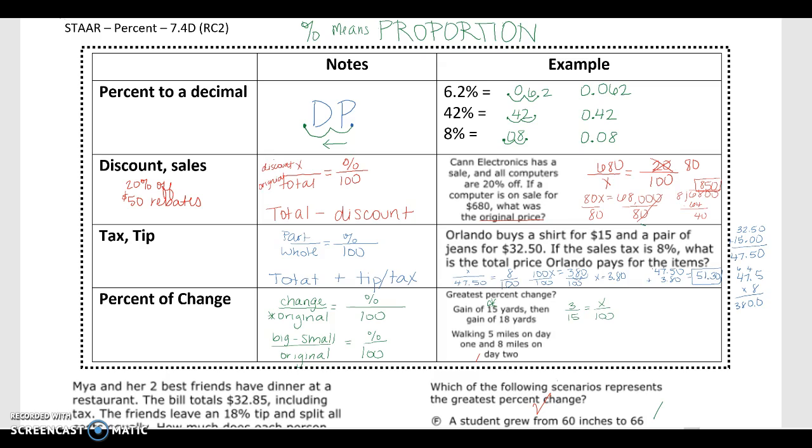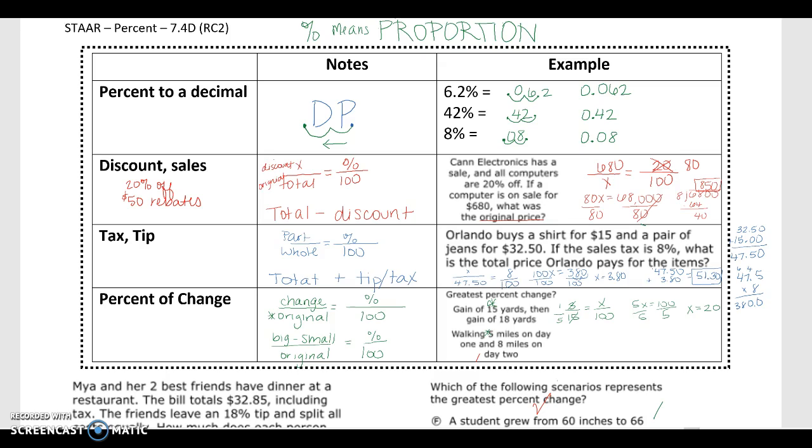I can actually simplify this first. If I divide it by 3, I get 1. Divide 15 by 3, I get 5. So 1 over 5. So I have 5x equals 100. Divide by 5, divide by 5, x equals 20. The second one, he started walking 5 miles day 1, 8 miles day 2.